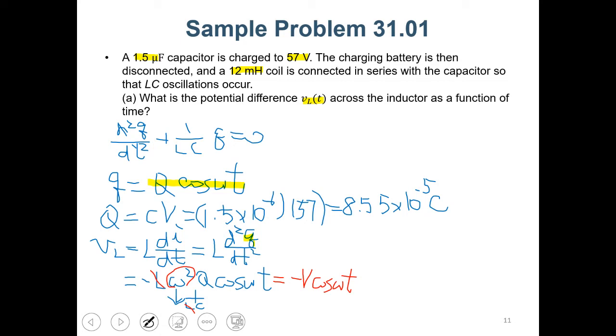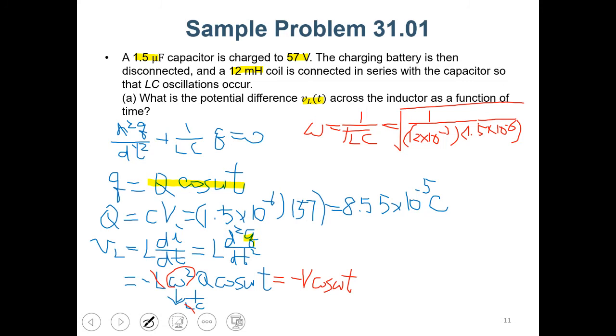So we know that omega is 1 over square root of LC. So it will become 12 times 10 to the minus 3, and C is 1.5 times 10 to the minus 6, and then we take the square root, which will become 7.5 thousand radians per second.